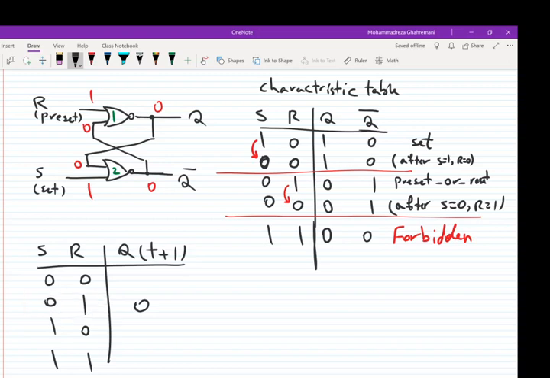If S is 1 and R is 0, the Qt plus 1 is 1.